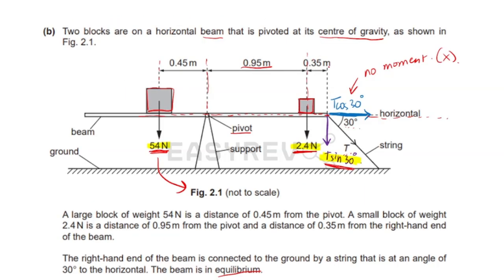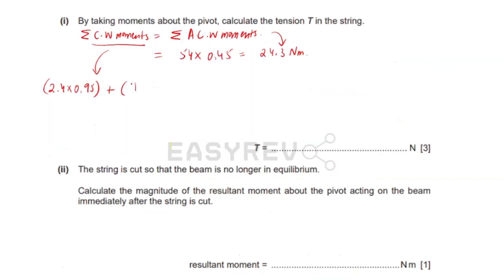Now this time the perpendicular distance will be between the pivot and the force T sine 30, and the distance between the two would be 0.95 plus 0.35, which, if we simplify things, we get 1.3. So 1.30 meters. That would be the distance between the T sine 30 force and the pivot itself. So here we would write plus T sine 30 times 1.3.